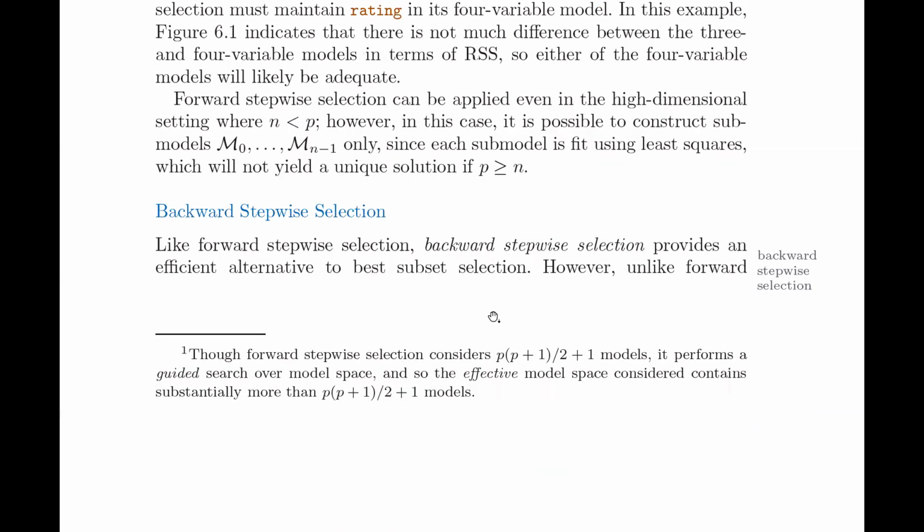Let's move on to backwards stepwise selection. I guess this is probably going to be the same, but instead of adding one, you maybe take out one each time. Like forward stepwise selection, backward stepwise selection provides an efficient alternative to best subset selection.